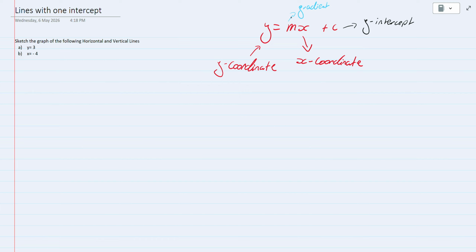So x and y are relative to each other, because we need to find x to find y, and we need 2 points on the graph to be able to graph them. So lines with one intercept, if we just look at the y-intercept, we could just write that as y equals c. That's one intercept.